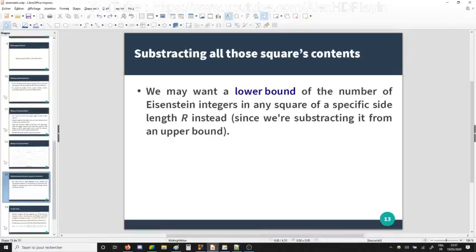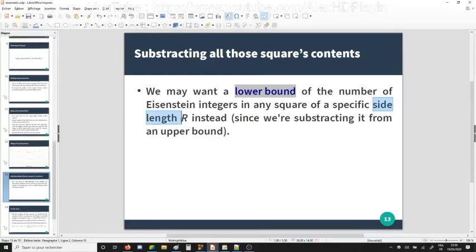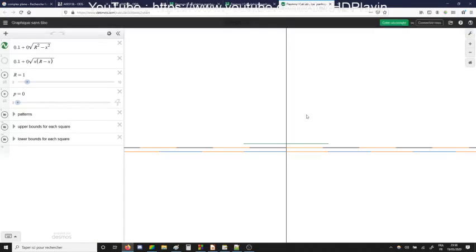Anyway, here's how we're going to subtract all of the squares' contents. We may want a lower bound of the number of Eisenstein integers in any square of a specific side length, since we're subtracting it from an upper bound. So there's a sort of visual cue.